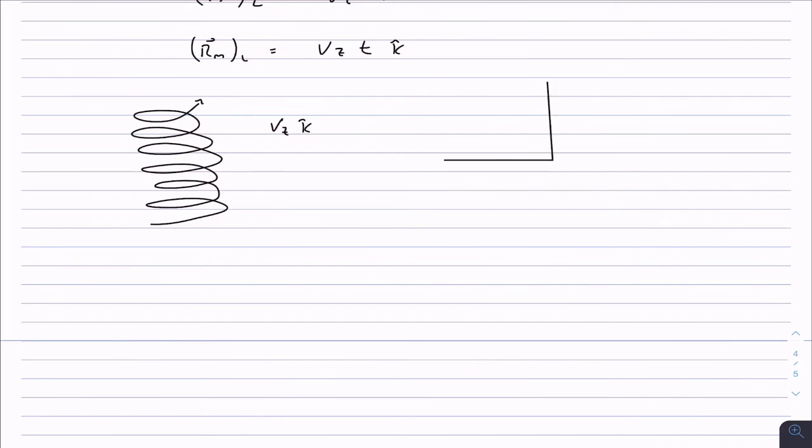Here's a frame, and we have an observer in the frame looking at the particle. This frame is also moving with this velocity in the same direction at the same speed at the same time, right? So now all this person is seeing is this thing just moving in circles, because they're both going up at the same time. So that's kind of fun.